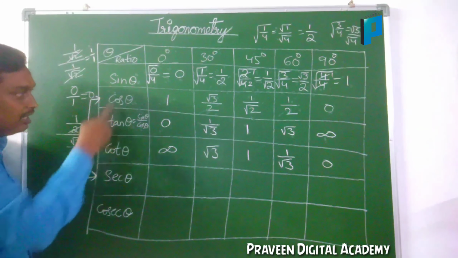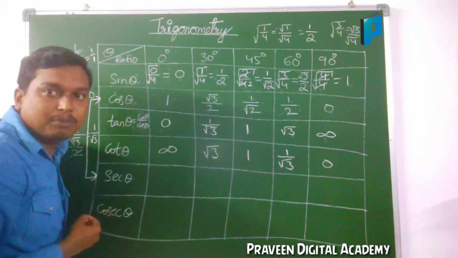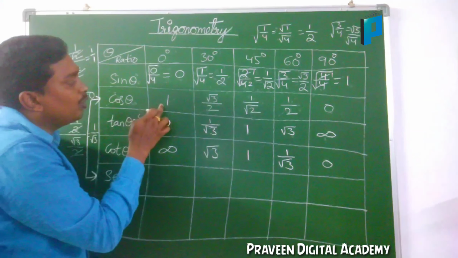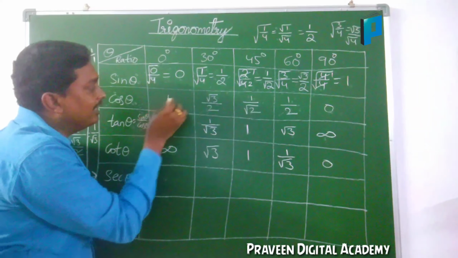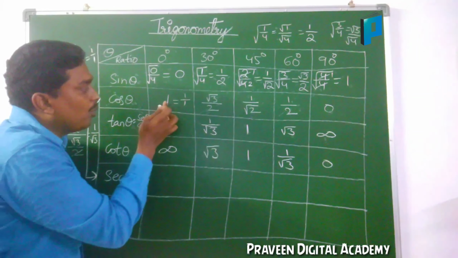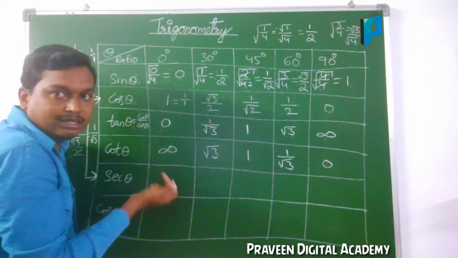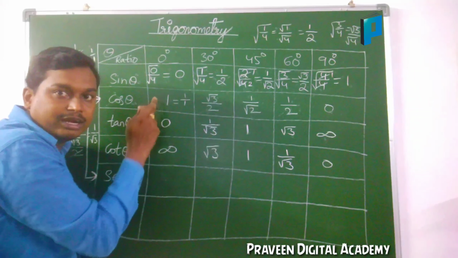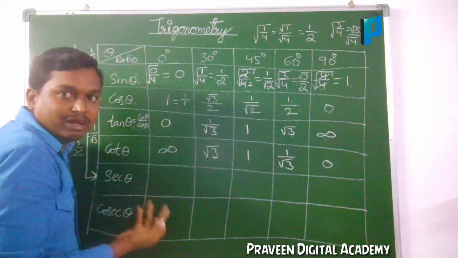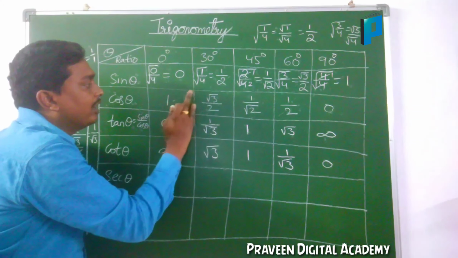Cos and sec are reciprocal to each other, meaning reverse to each other. Here what are we having? 1. Can I write 1 as 1 by 1? Yes. 1 or 1 by 1, both are the same. What is the reciprocal of 1? The reciprocal of 1 is again 1 by 1 only, which is 1.